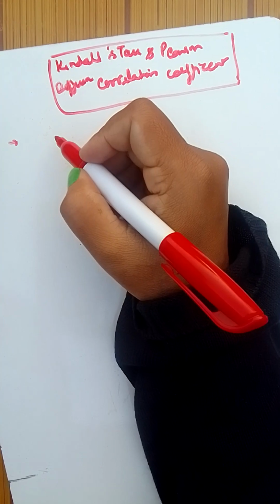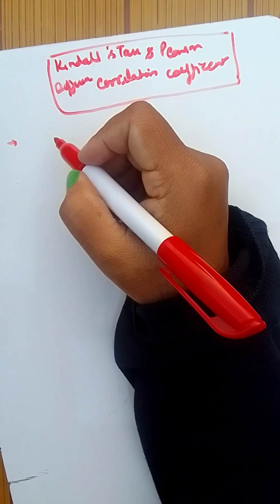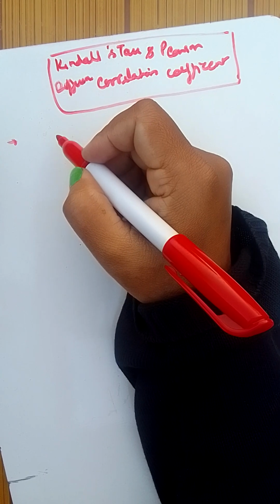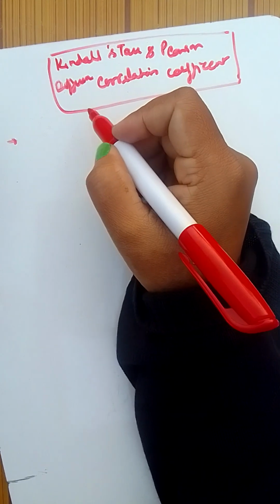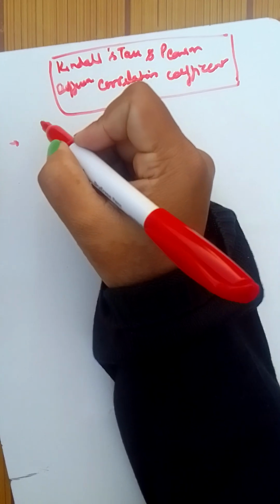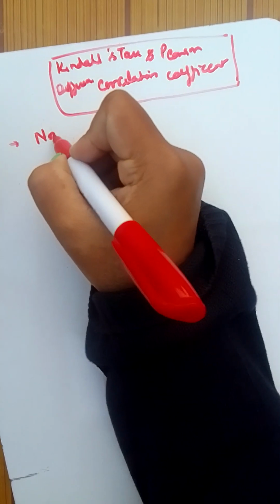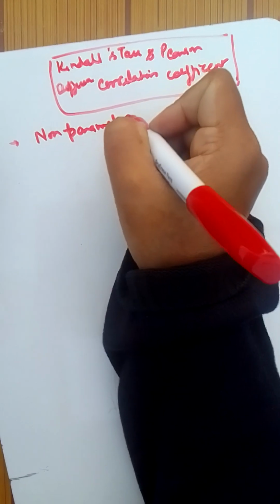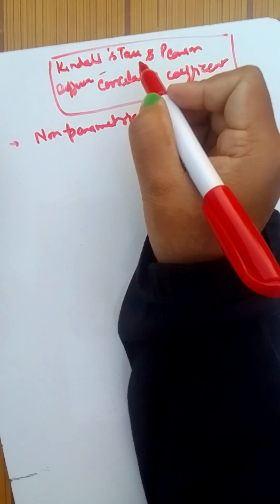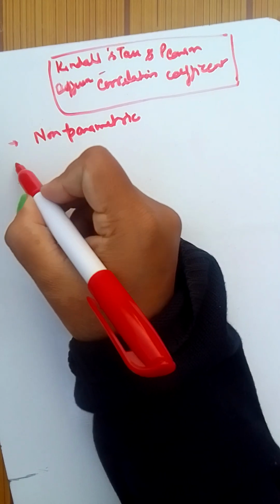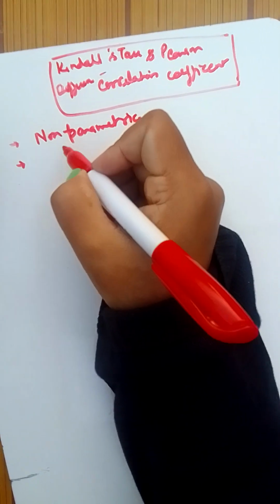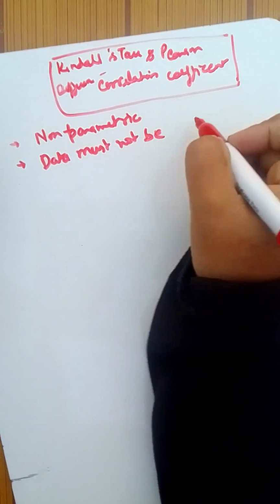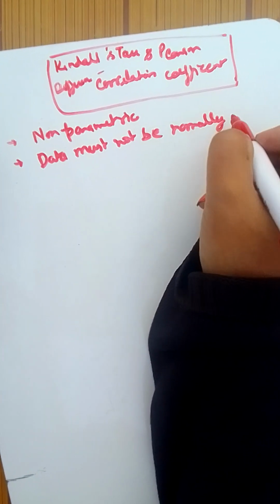Look, I taught you in my previous video that Kendall's tau is non-parametric, and the data must not be normally distributed.